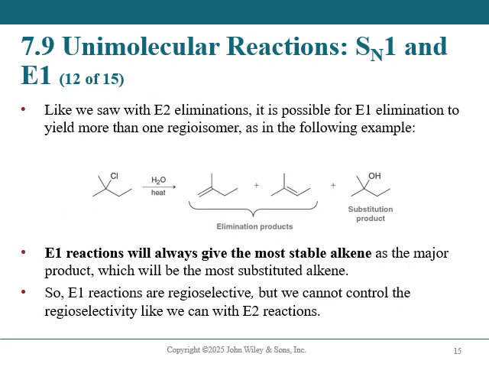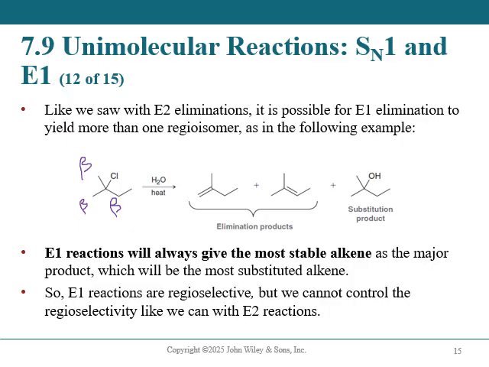Like we saw with E2 eliminations, it is possible for E1 elimination to yield more than one regioisomer, as in the following example. So we have an elimination here, and with eliminations, as you know, we're looking for those beta hydrogens. We have one here, here, and here. So those are the hydrogens in the beta carbon position.